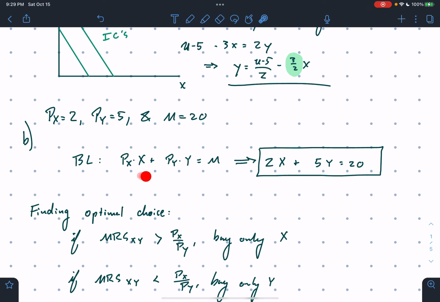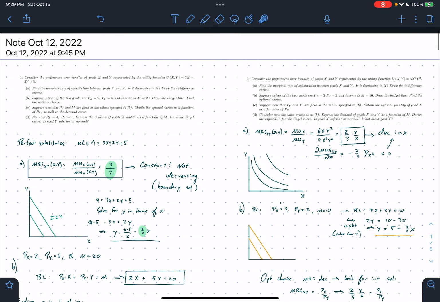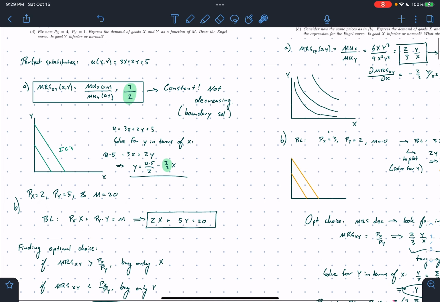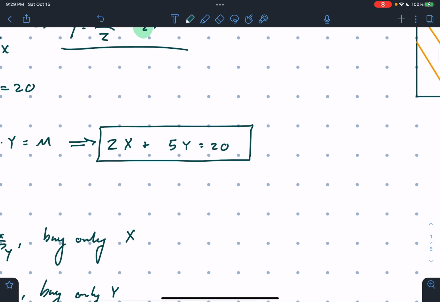So the equation for the budget line is going to be px times x plus py times y equals m. So when we plug in those values, we get 2x plus 5y is equal to 20. So now we want to draw this budget line. Yeah. So I can rearrange this.